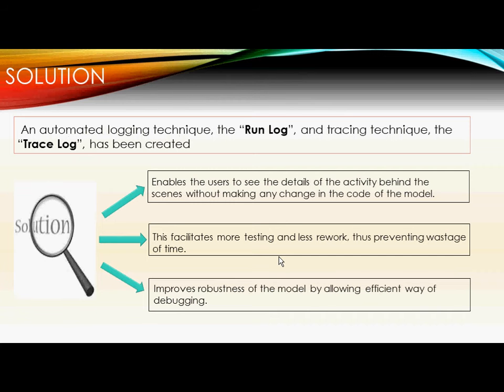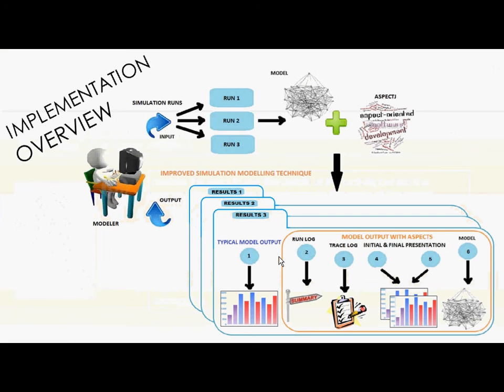Certain times you might see that at 20 units of model time you were expecting to see certain things, but that is not happening. You might go back to your trace log, check what happened at 20 units of model time, and see whether the actions took place according to your expectation or not, and then maybe go back and change certain things accordingly.